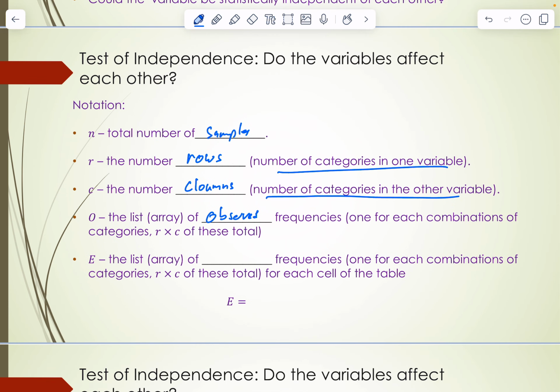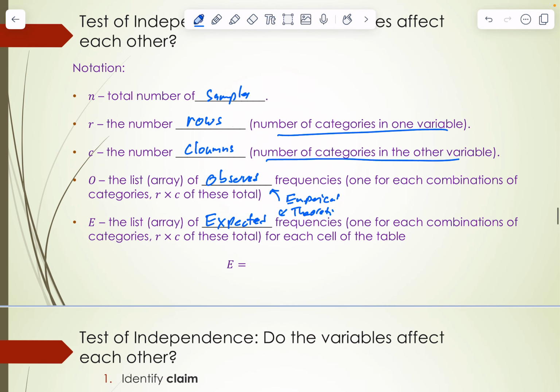And E is the array of expected frequencies. O is empirical, and E is more or less theoretical. How do you come up with these expected frequencies? Each E is associated with a particular cell of the table.